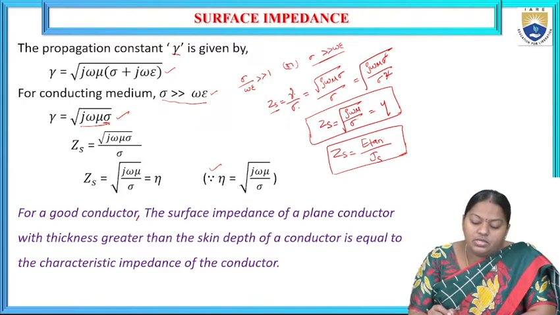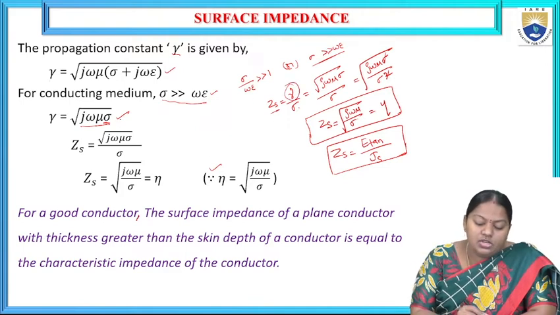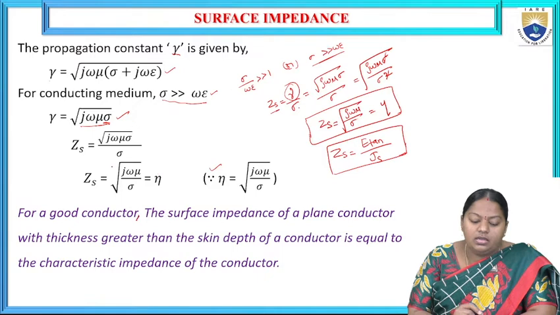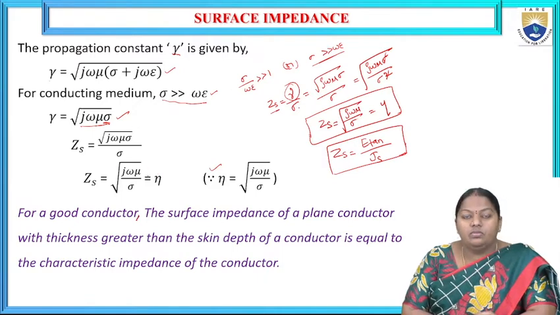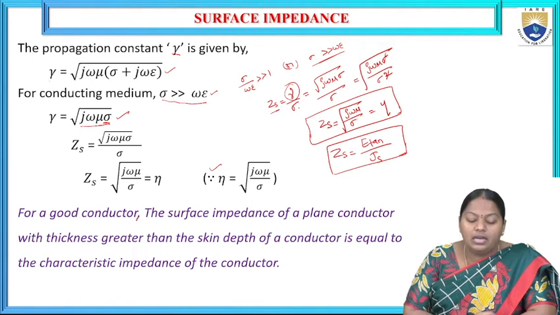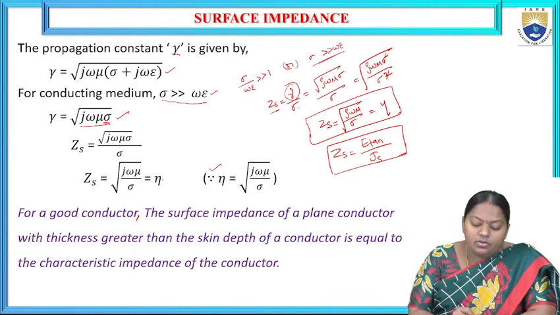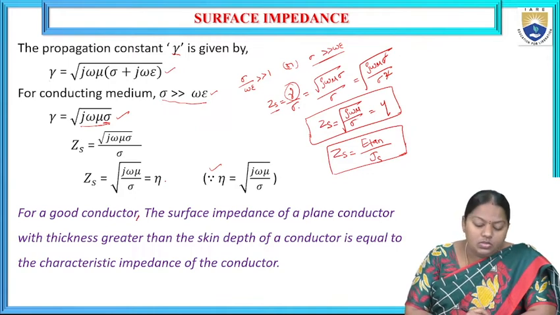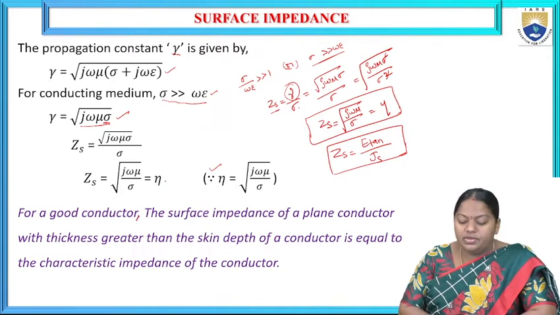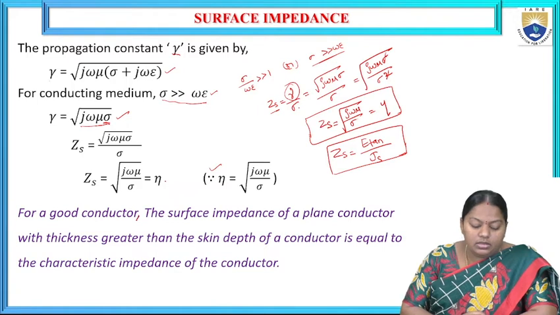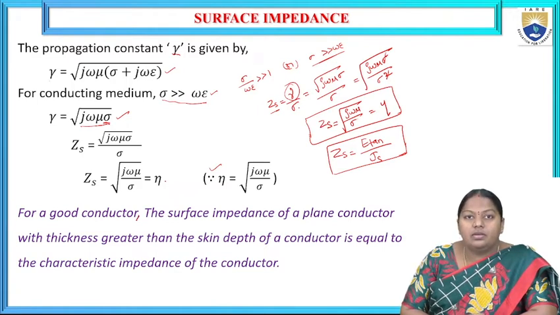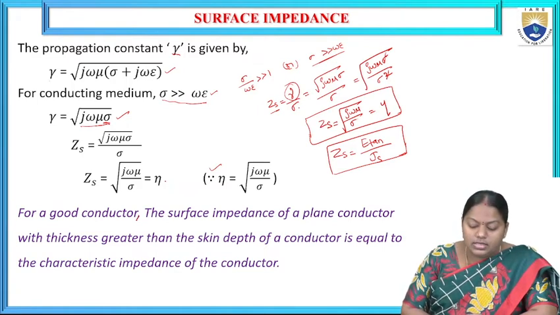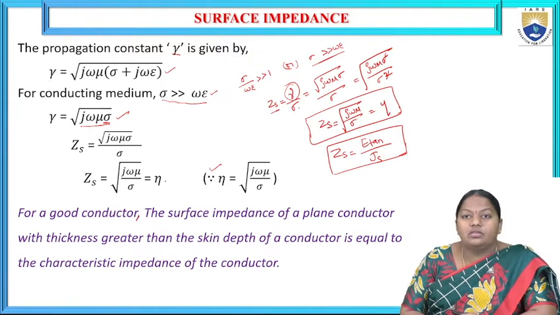And if we substitute this gamma in the relation, then Zs is obtained as root over j omega mu by sigma, right? And it is nothing but the intrinsic impedance of the good conducting medium, right? So for a good conductor, the surface impedance of a plane conductor with thickness greater than the skin depth is equal to the characteristic impedance of the conductor, right?